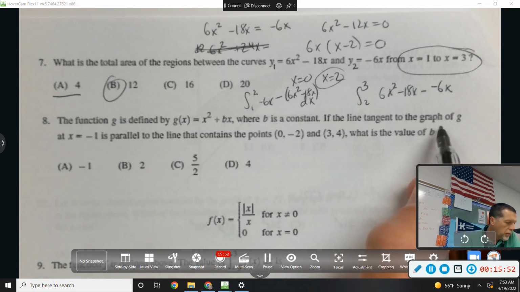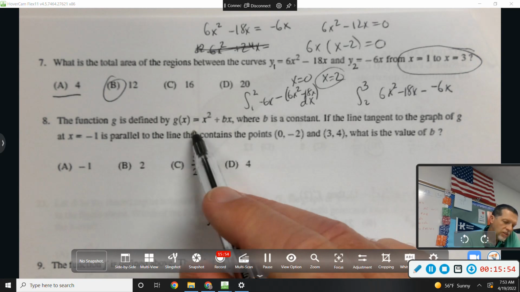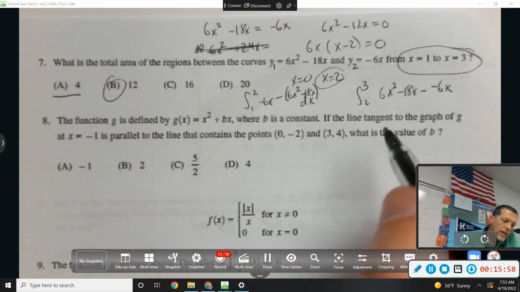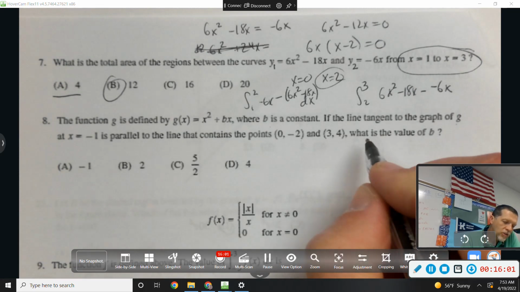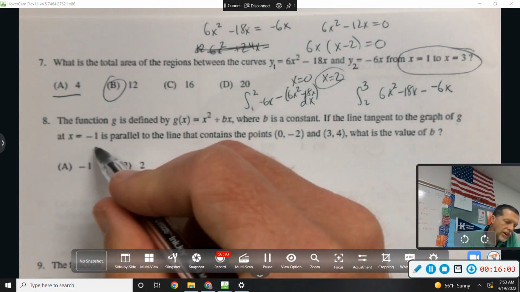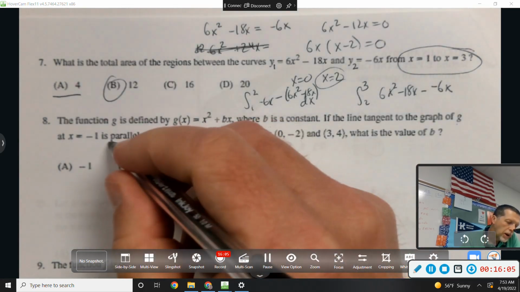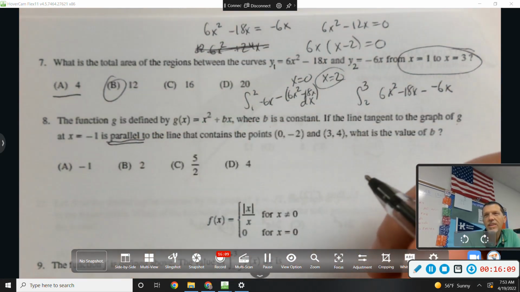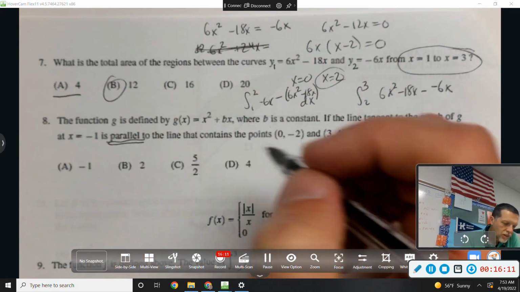Number 8. The function g is defined by x squared plus bx, where b is a constant. If the line tangent to the graph of g at x equals negative 1 is parallel, what's parallel mean, algebra students? Same slope. And slope is derivative.